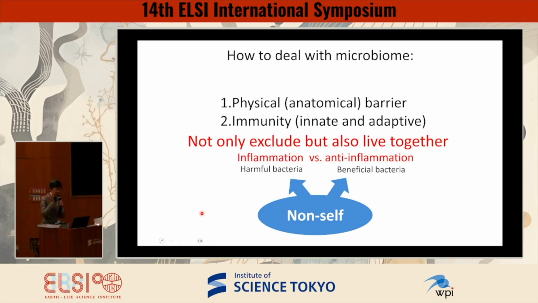If you read an immunology textbook, it says the immune system can distinguish self and non-self. But among the non-self bacteria, the immune response can distinguish harmful or beneficial. So the goal of my research is to know what the criteria are for this good or bad bacteria distinction.